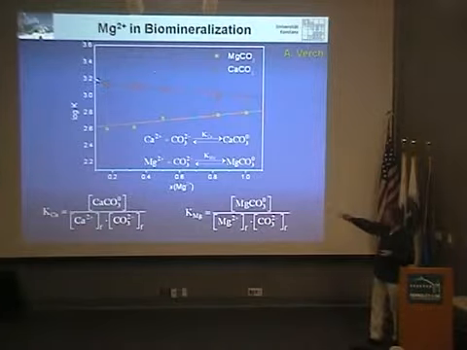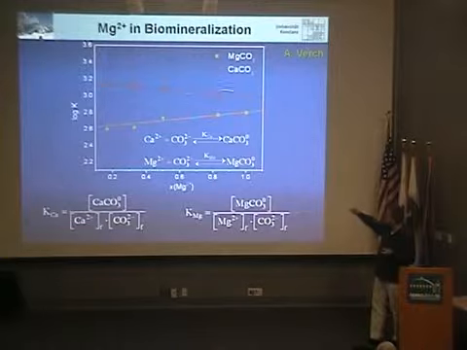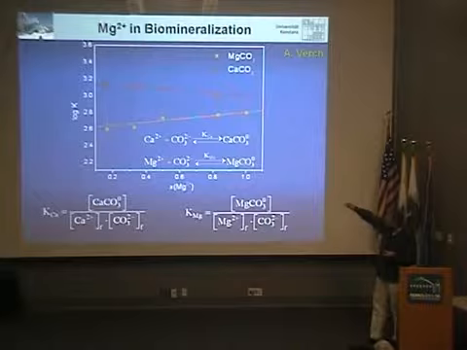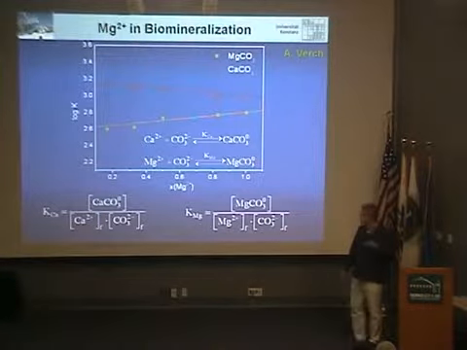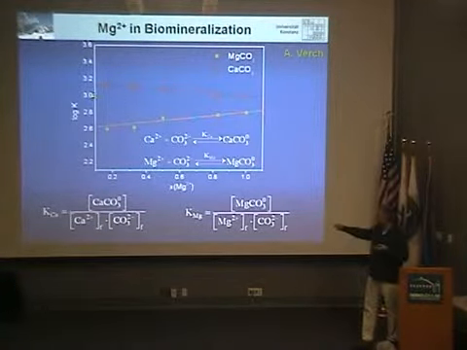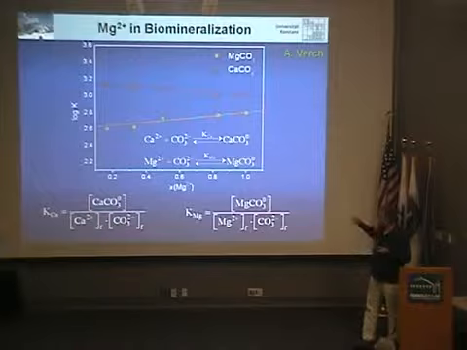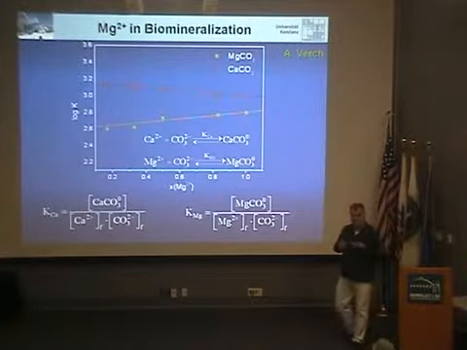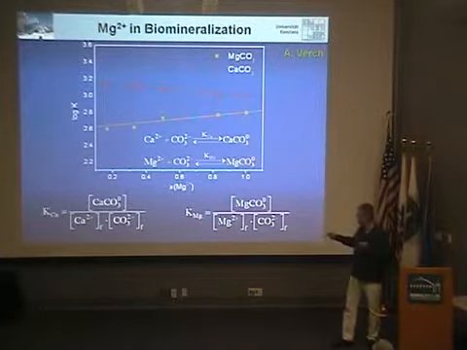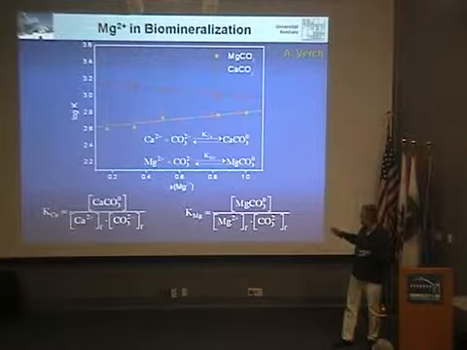And you see here as the orange curve, it's the equilibrium constant for calcium carbonate formation. And here as the yellow one, we get magnesium carbonate formation. So over the entire range of compositions, you can say that calcium carbonate formation is favored over magnesium carbonate formation. So it's got a higher equilibrium constant. But nevertheless, the factor is not that high.